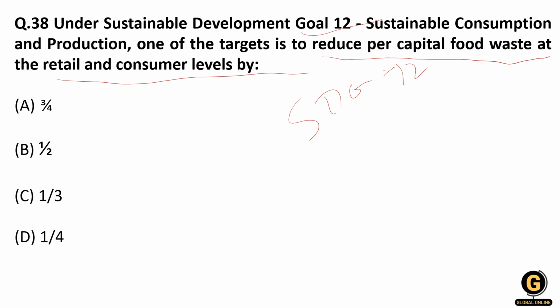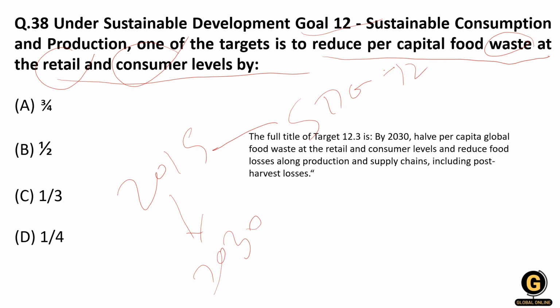These SDGs, Sustainable Development Goals, were enacted in 2015, and the target to complete them is by 2030. The target is to reduce the per capita global food waste to half by 2030, right? So the correct answer is we have to reduce it by a half. Food waste should be reduced by half.